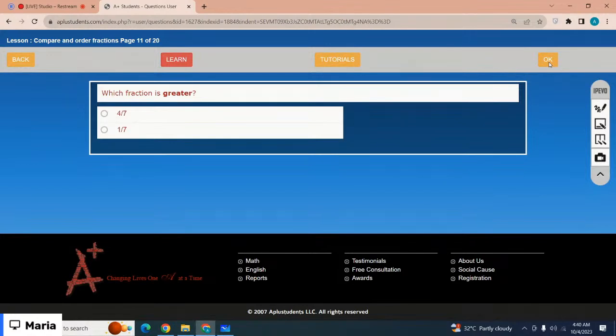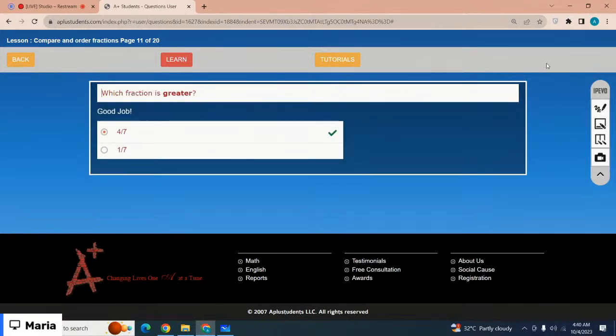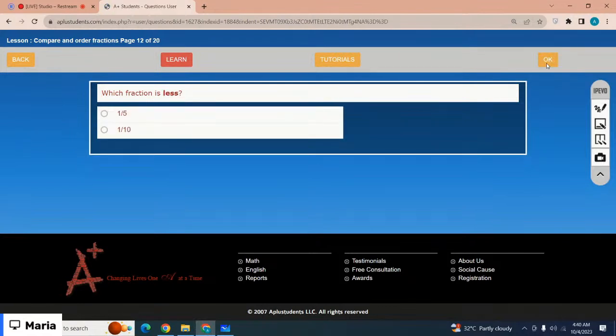Very good. 4 over 7 is greater than 1 over 7. Which fraction is less, 1 over 5 or 1 over 10? That would be 1 over 10 is less.